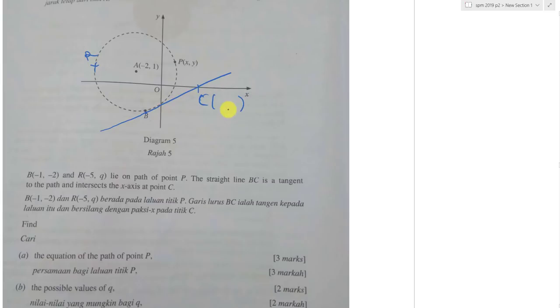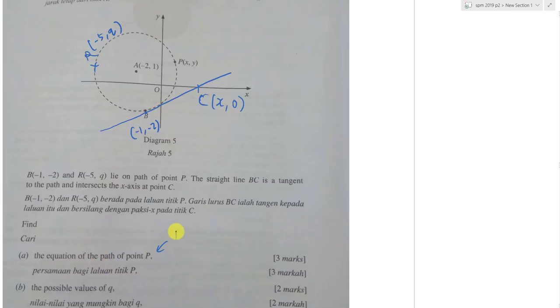At the x-axis, at least we have some information: y must equal 0. So I have some x value here. Coordinate B I have is (-1, -2), and R I do not have. And A I have. Alright, so R is (-5, q). Okay, this is all the information the question gives me. So right now I need to start doing this question. They ask us to find the equation of the path of point P.